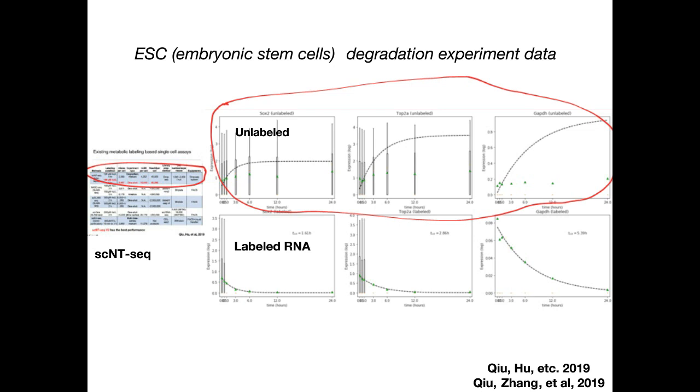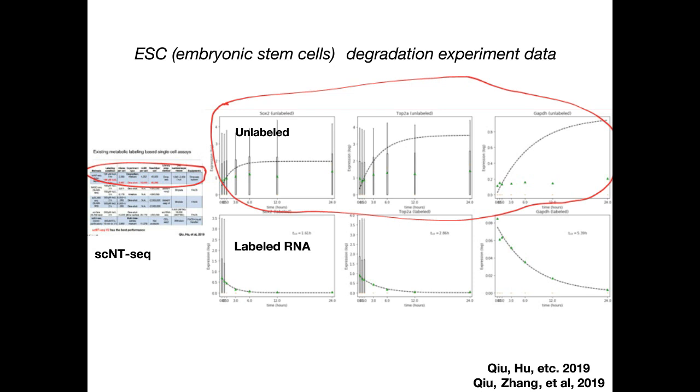On the other hand, if we look at the fitting for the unlabeled RNA, which was used to estimate alpha, you can see the fitting doesn't work very well. This also makes sense because the fitting of unlabeled RNA tries to get the transcription rate. However, the transcription rate changes on the scale of minutes, but the experiment we did here lasts for more than 24 hours.